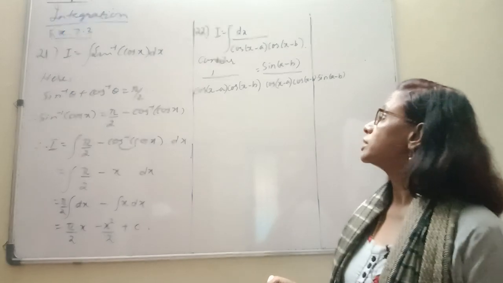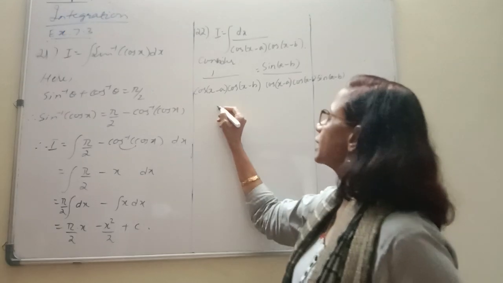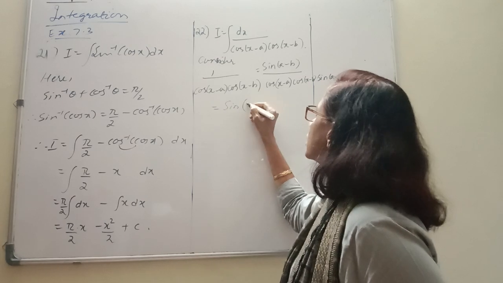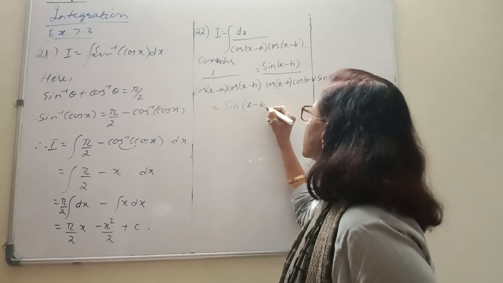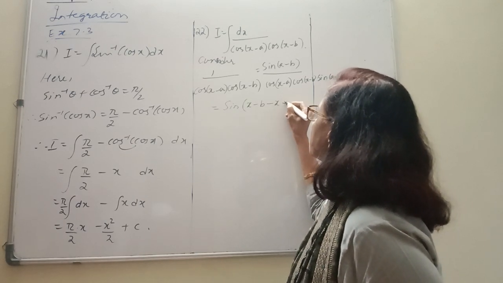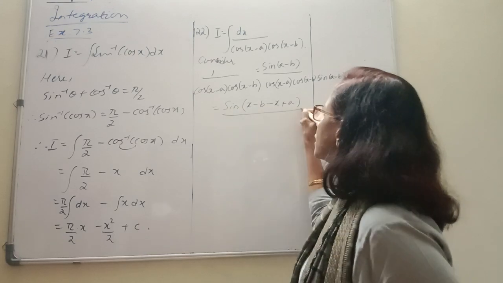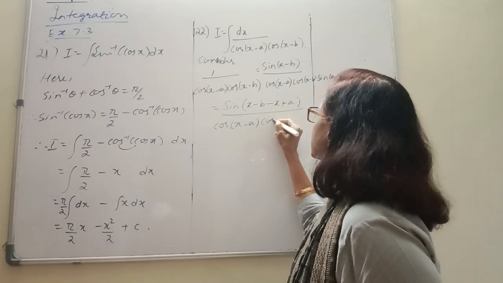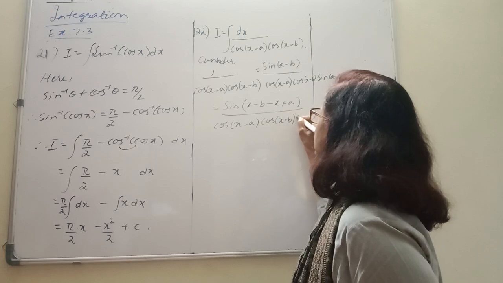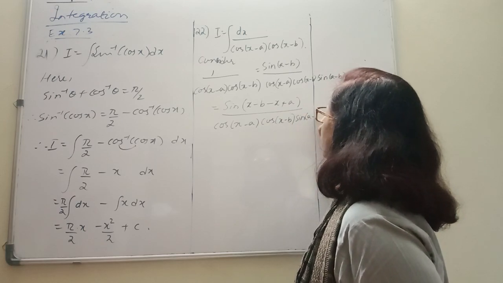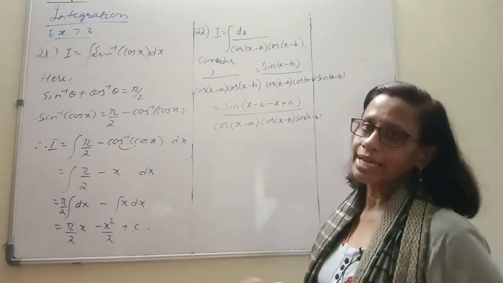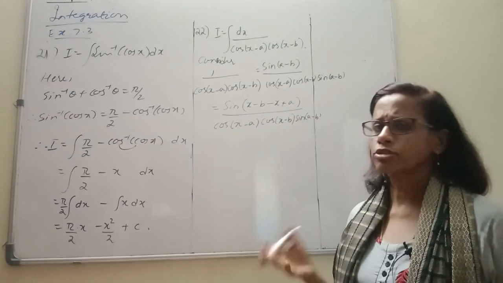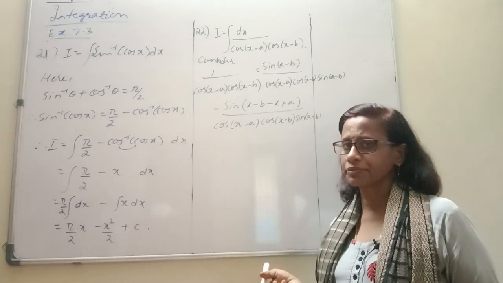For our convenience, we will write the numerator sin a minus b as sin of x minus b minus x plus a. Just check this: plus x and minus x cancel each other, and a minus b stays. So actually it is a minus b, but we have written it in a different way.